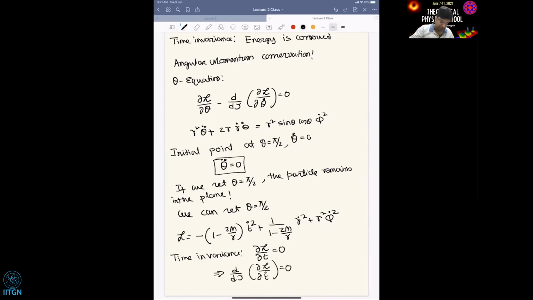If you do that, you will immediately find that (1 minus 2m by r) t dot equals 0 under the derivative, so this object is a constant. And what do we call the constant when we are talking about time invariance? The constant we call energy.